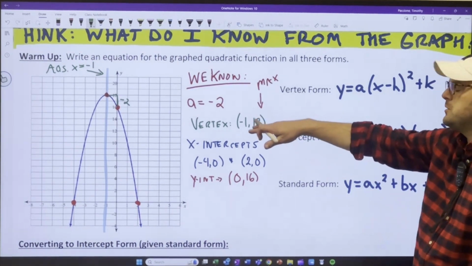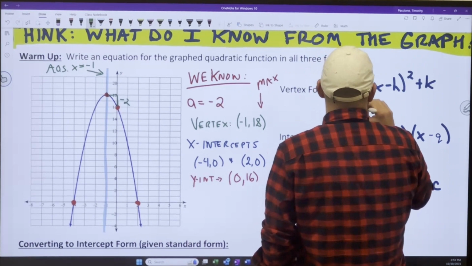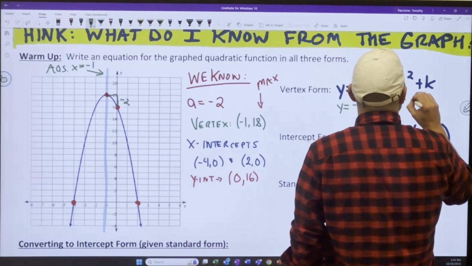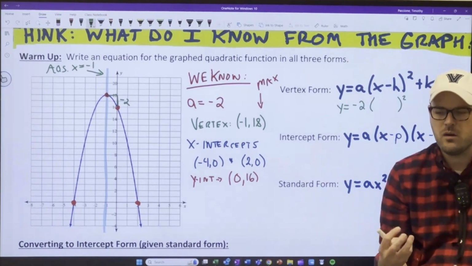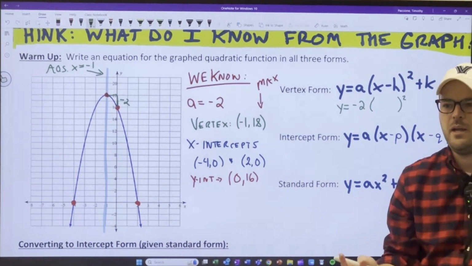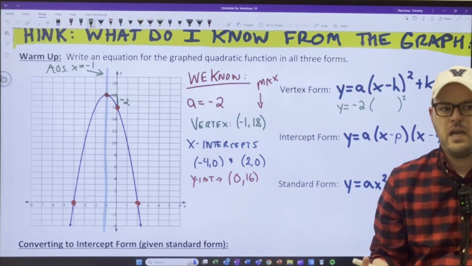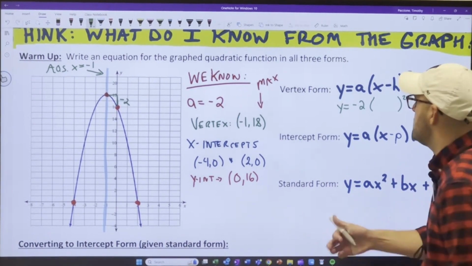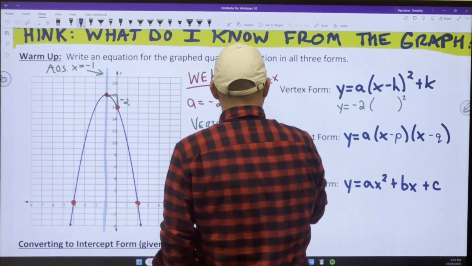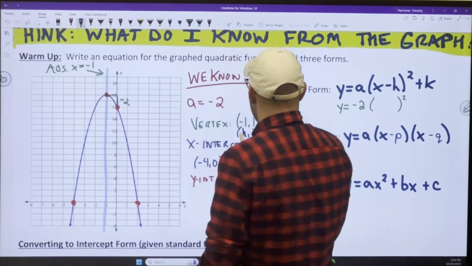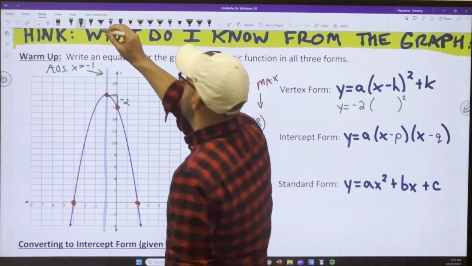The A is already labeled, right? What's my A? Negative 2. Now, this is why, even if I give you the forms, you got to know what they are. So, for instance, you got to know what H and K mean. What is HK? What does it represent? The x, y of the vertex. So it's right here, right? I know my H and my K, and I can plug them in.